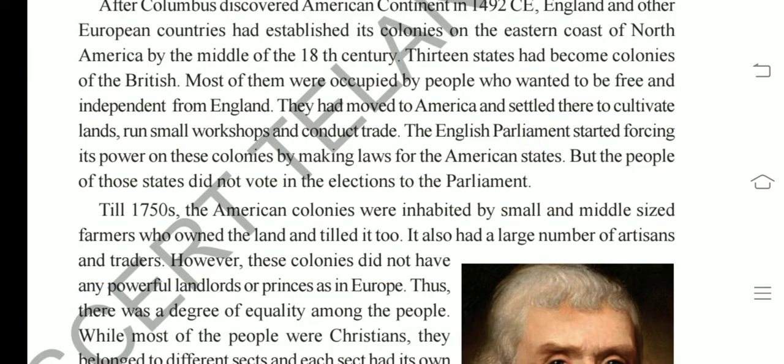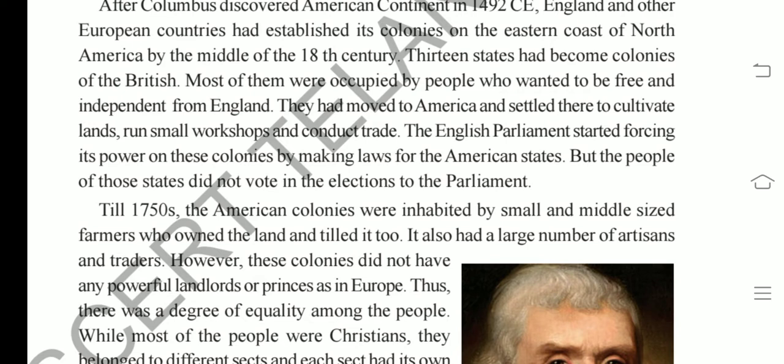British. And most of these 13 colonies were occupied by people of England. In England at that time, there was the Roman Catholic Church that we discussed in the previous class. So, to get freedom from the Roman Catholic Church, people from England rushed towards America, and there they settled.